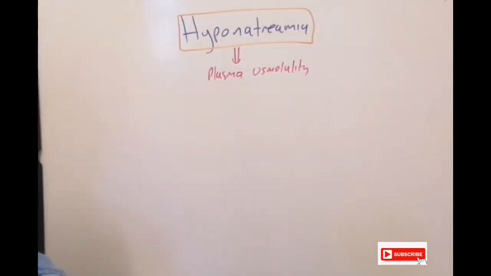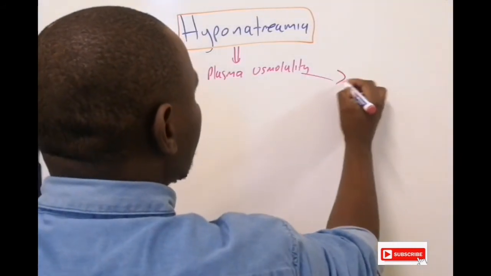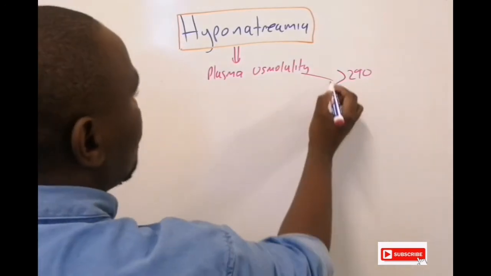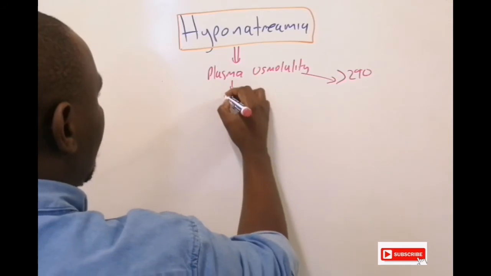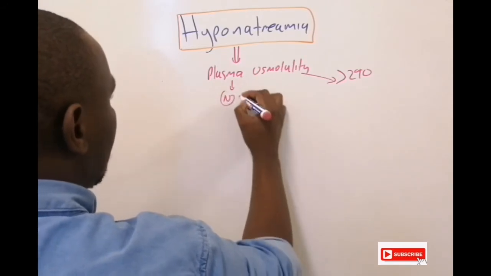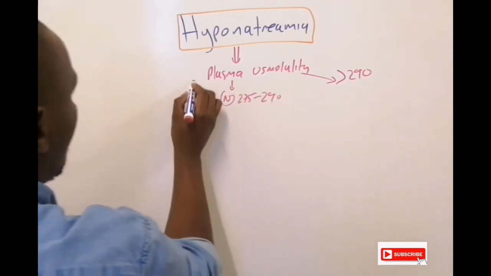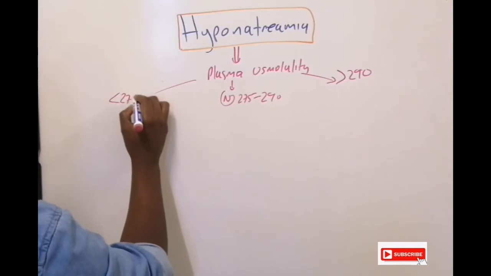Plasma osmolality, like we said yesterday, can be more than 290 when you calculate it, or it can be normal, which is between 275 to 290, or it can be less than 275.